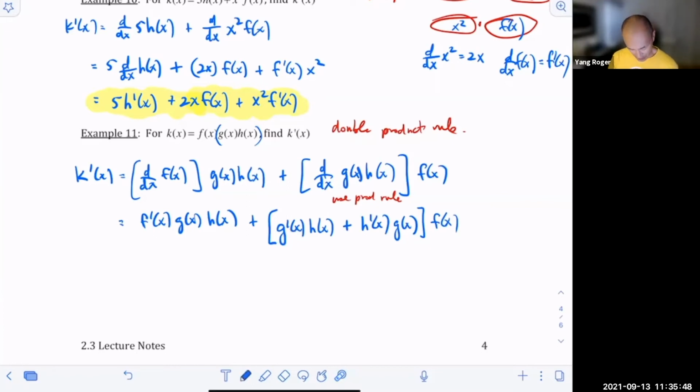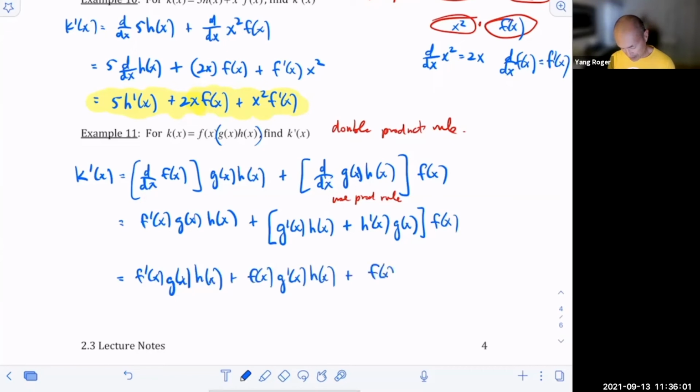When I distribute, I get f prime of x, g of x, h of x, plus f of x, g prime of x, h of x, plus f of x, g of x, h prime of x. That's what I get after I distribute. Are there any questions about how I got this answer?